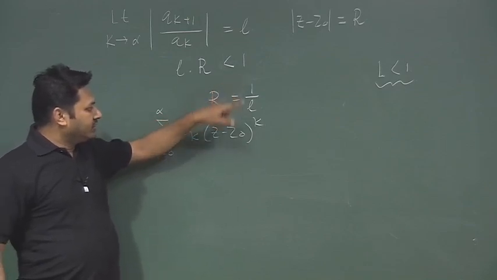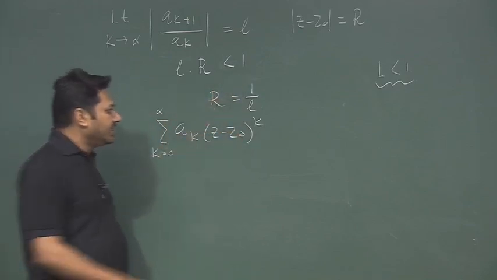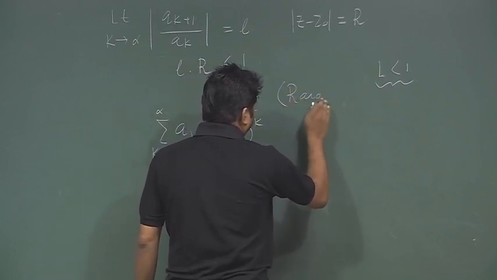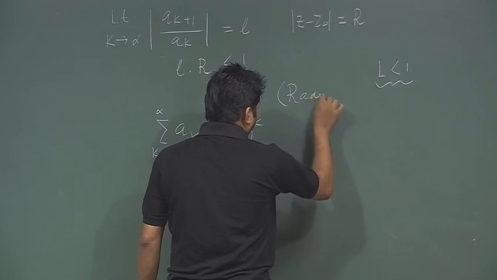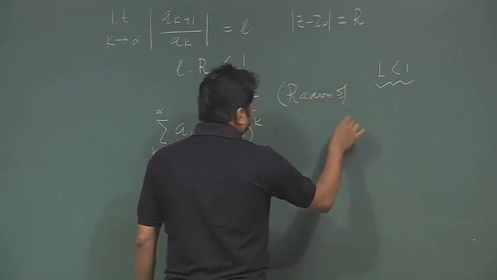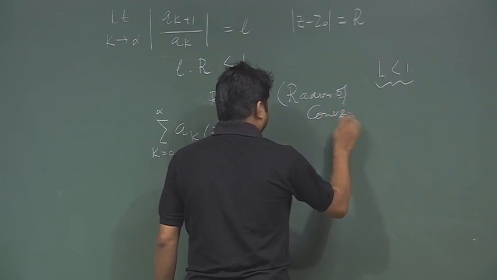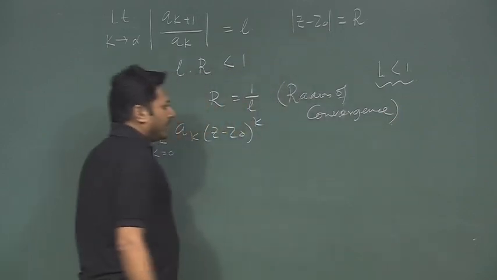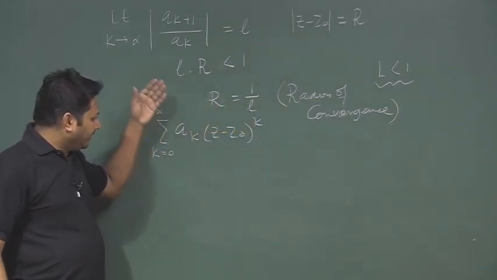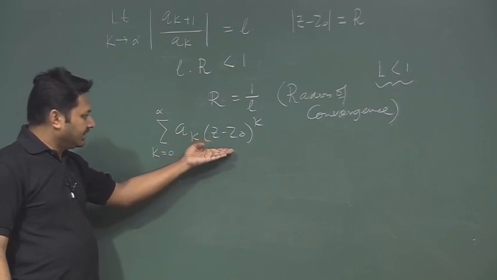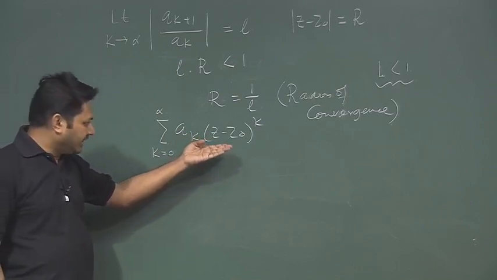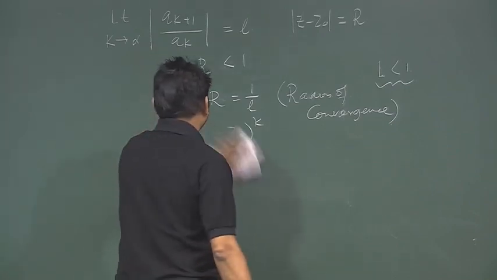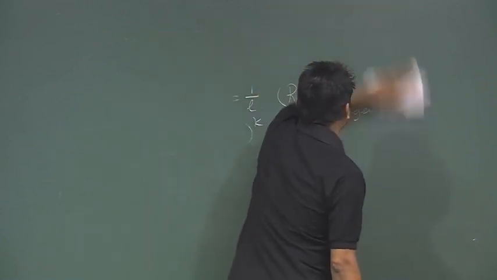So R is eventually 1 by l, which gives me the radius of convergence. So if the problem is given like this and you are asked to find the radius of convergence, I just need to calculate this. Now let us go to some examples, and then maybe things will be clear.